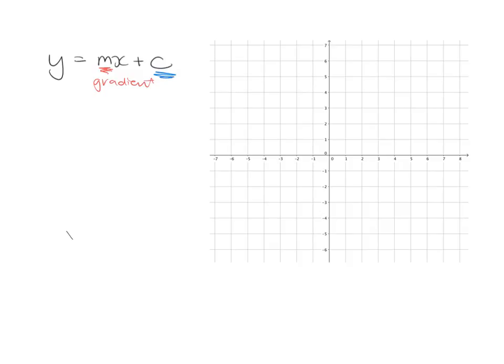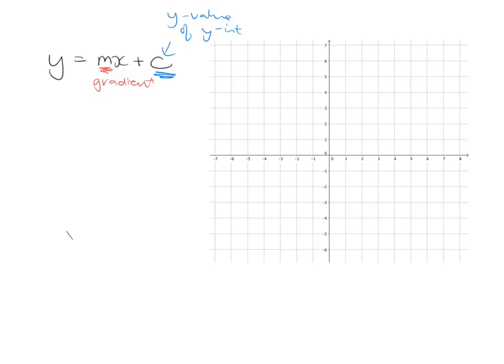And this c we've just had a look at now is really what you're going to get out when you put x is equal to 0. So it's going to give you that y value of your y-intercept. It's going to tell you the point where you cross the y-axis. So it actually makes a very nice picture. With y equals mx plus c, we can already know a lot about the graph just simply from looking at that.